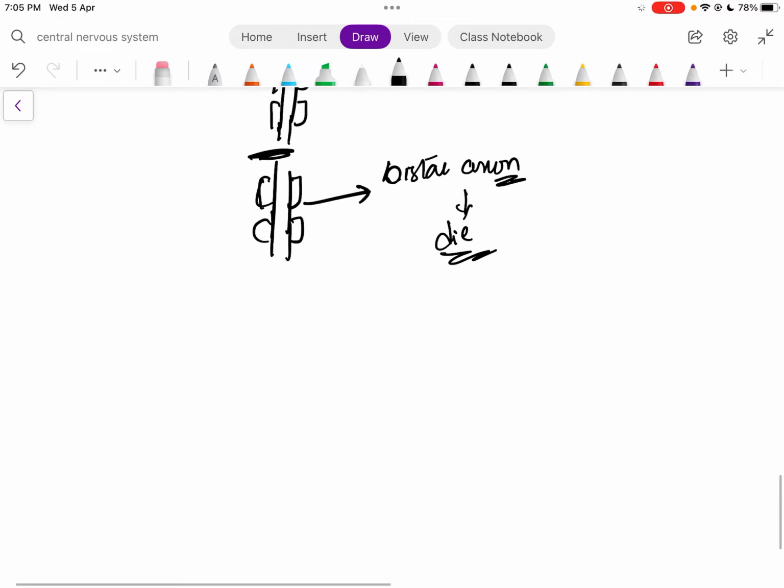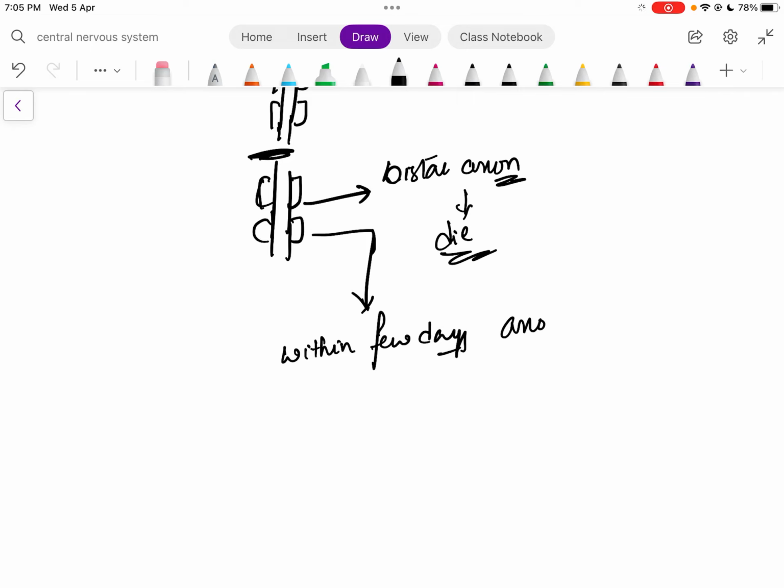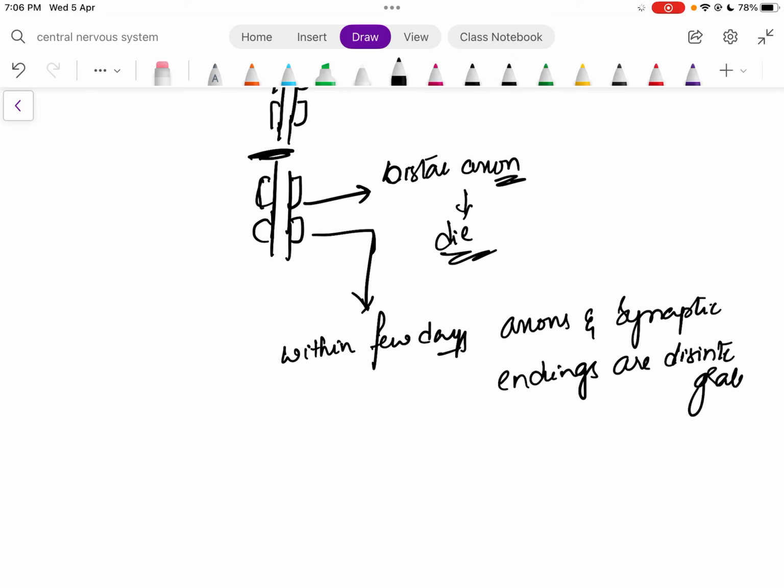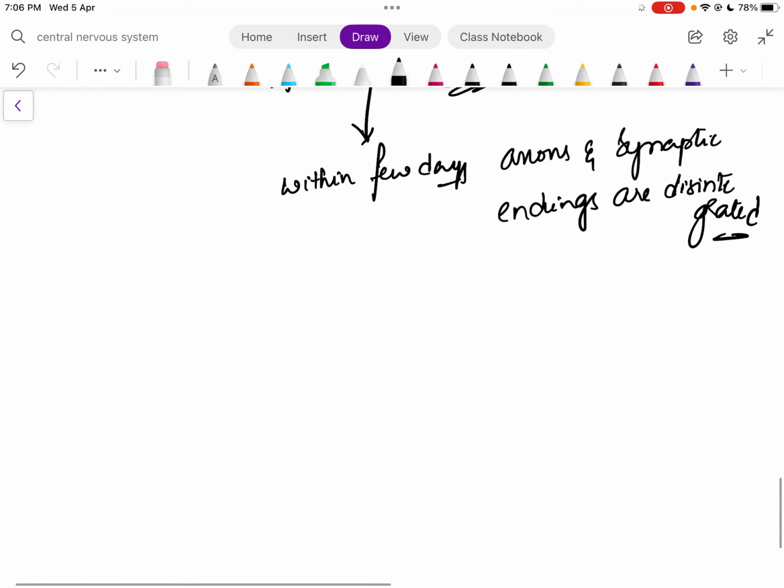And after the death of the distal part, within a few days, axons and synaptic endings are disintegrated. That means they are completely taken off.